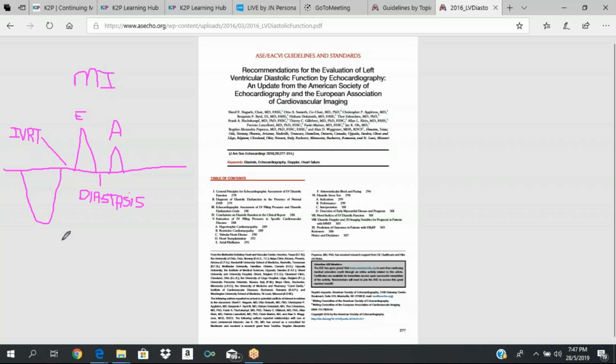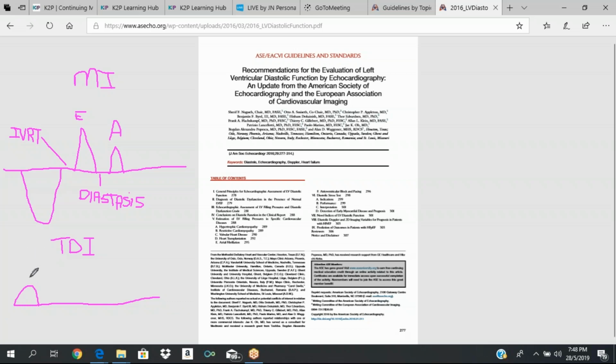And then we're going to look at tissue Doppler imaging. So everything we taught you about Doppler, we're going to put together to look at diastolic function and dysfunction. So if you remember your tissue Doppler imaging, when the base of the heart moves up towards the apex, we talk about S prime, okay?